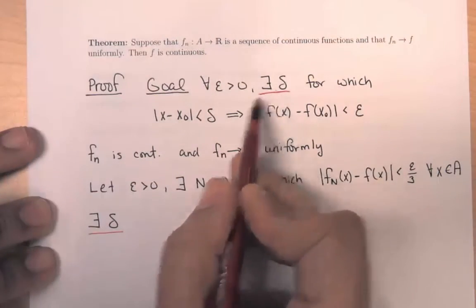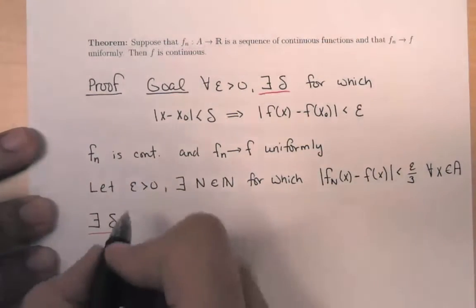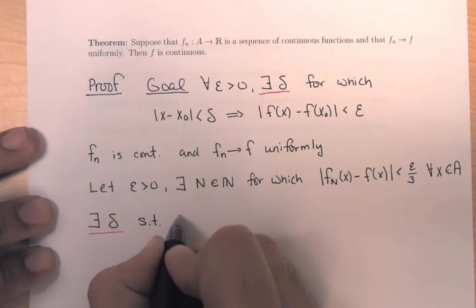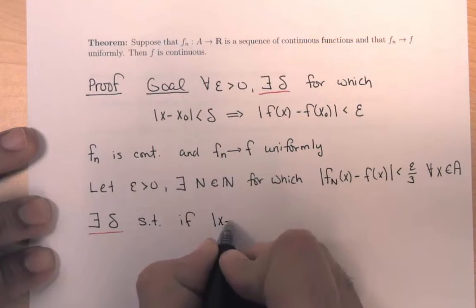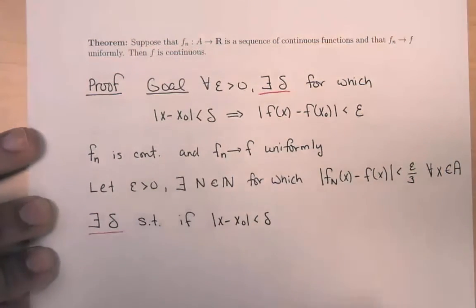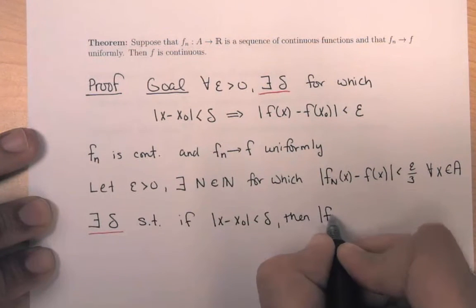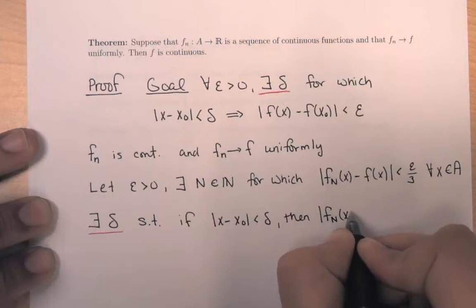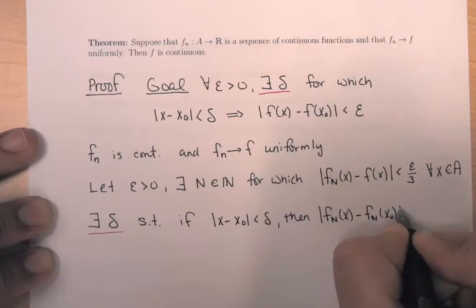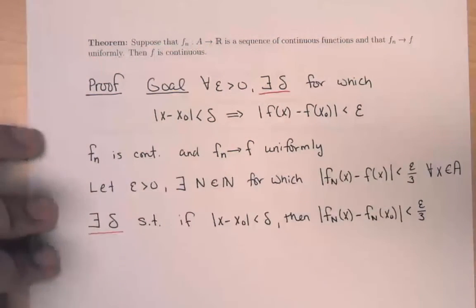It's going to be the delta that ultimately brings us to the glory of continuity of f, such that if |x minus x naught| is less than delta, then |fn of x minus fn of x naught| is less than epsilon over 3.